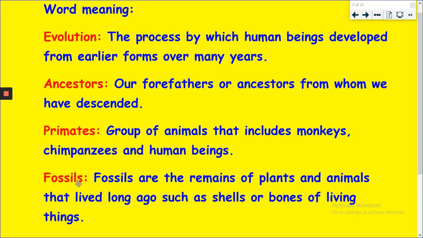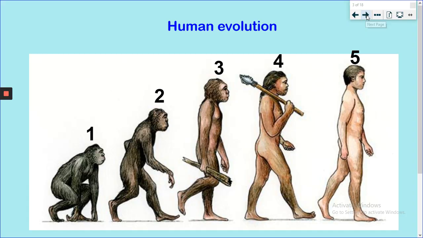Now fossils. Fossils are the remains of plants and animals that lived long ago, such as cells or bones of living things. Okay? See, this is the human evolution. According to the scientists, the first stage is like a chimpanzee or monkey.